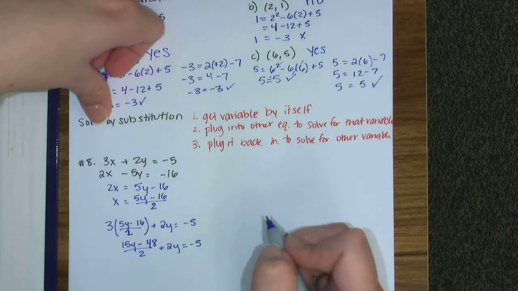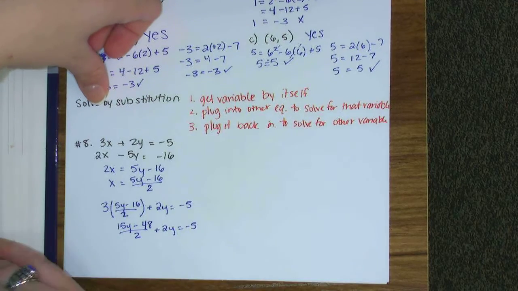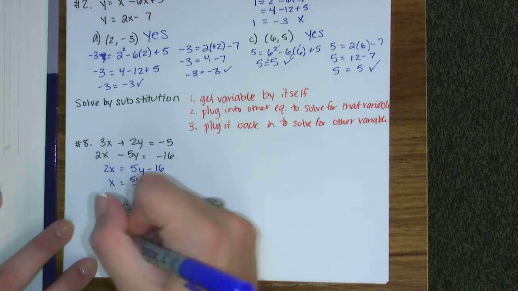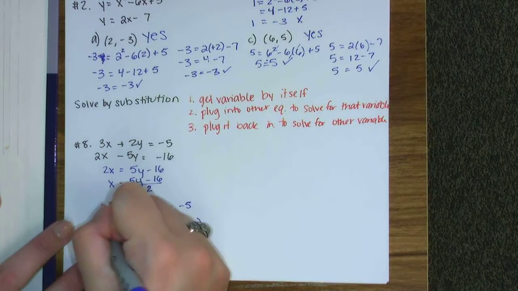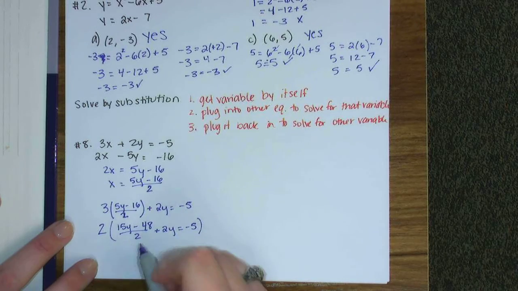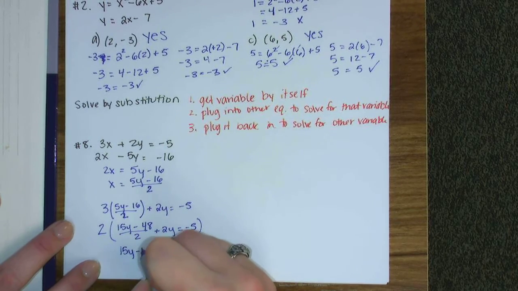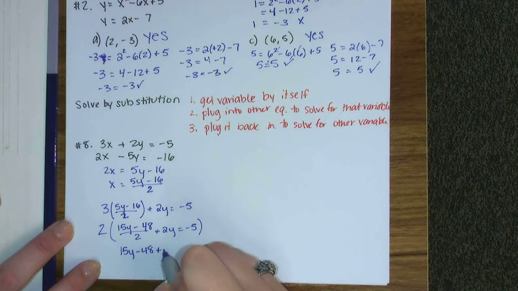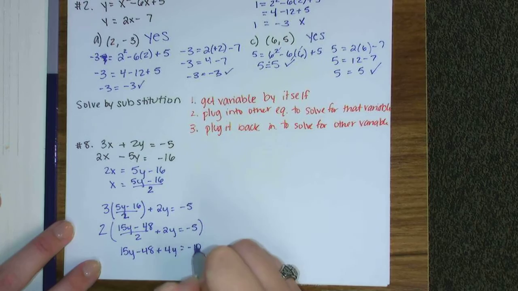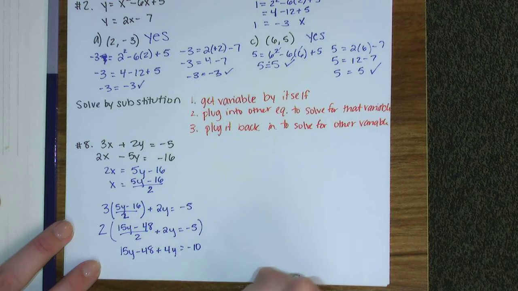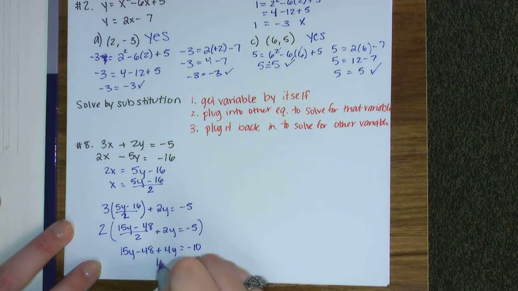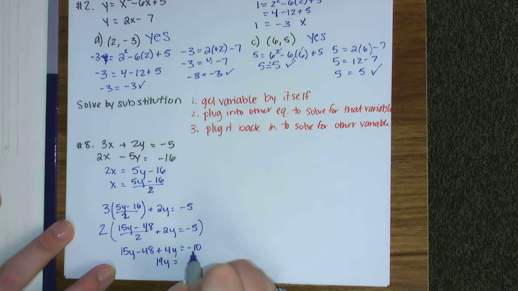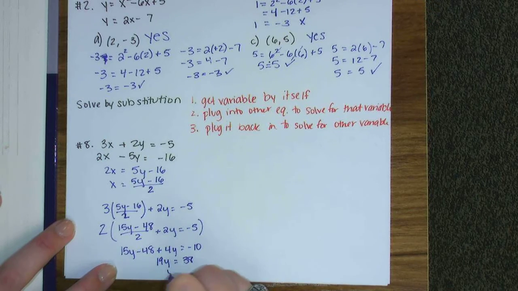Now maybe you remember our handy trick to get rid of this fraction. I can multiply the whole thing by 2. And so that gives me 15y minus 48 plus 4y is equal to negative 10. So I can add this 48 over and combine to 19y is equal to 38. y is equal to 38 divided by 19, which is 2.